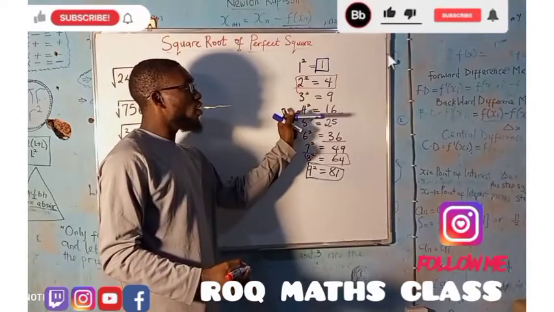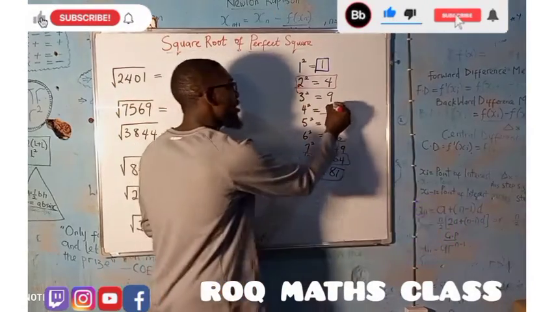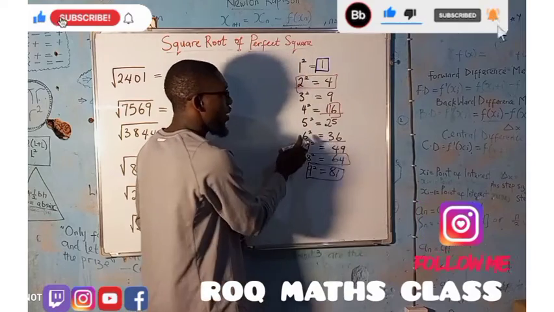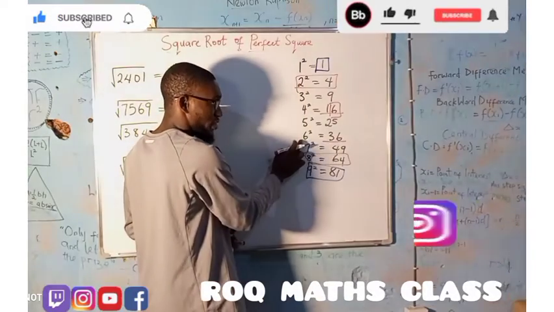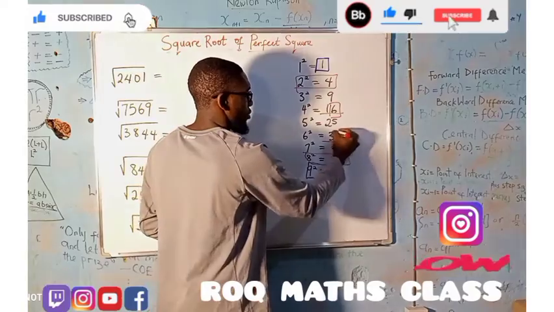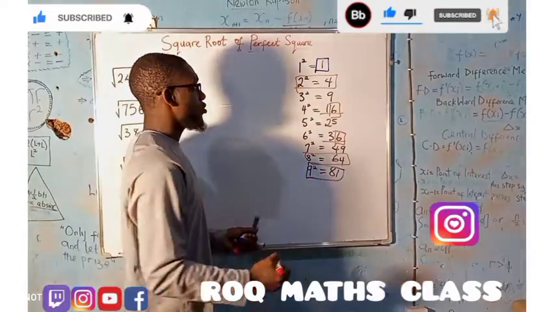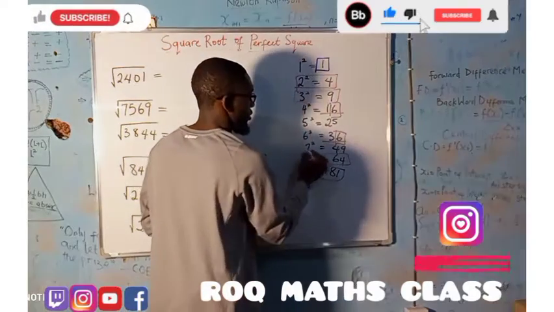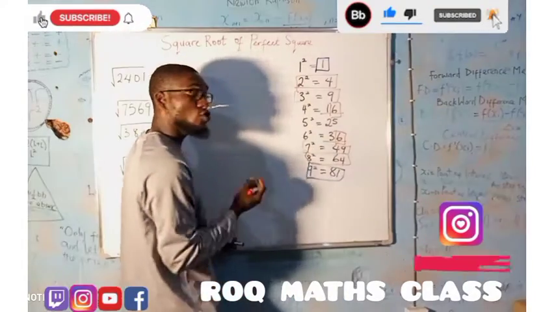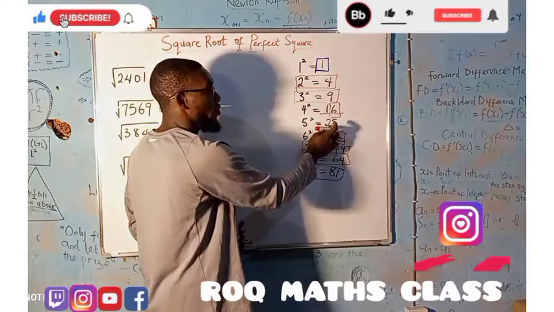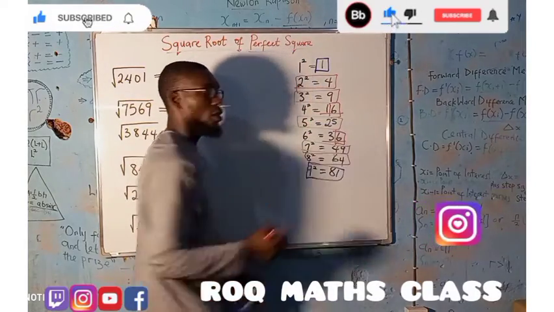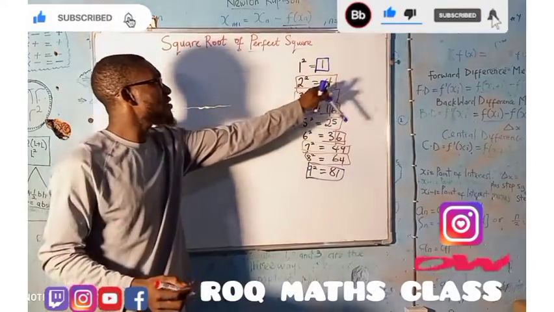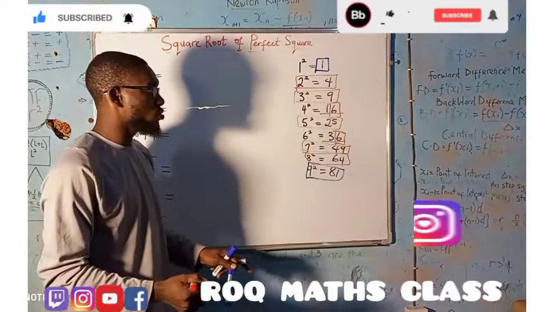Because the square of 4 is 16, which ends with 6, and the square of 6 ends with 6. So what about 9? We have 3 and what? 7. If we move to 25, the one that ends with 5, we only have 5 alone. Good. These numbers are going to help us out.